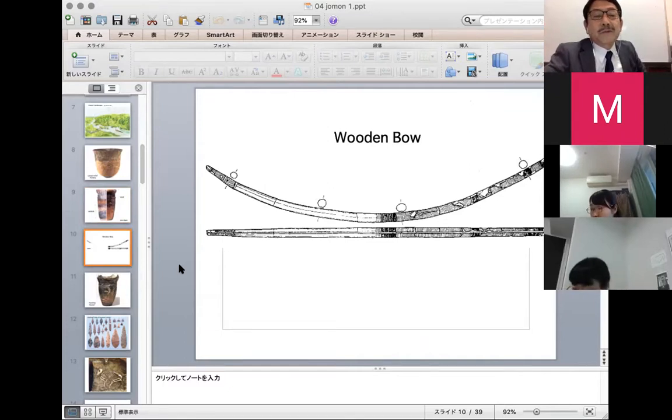It's a piece of wood shaped into this kind of very simple bow. It's not too long. It's over a meter, like 110, 120 centimeters, 3 feet. No, 4 feet or less.